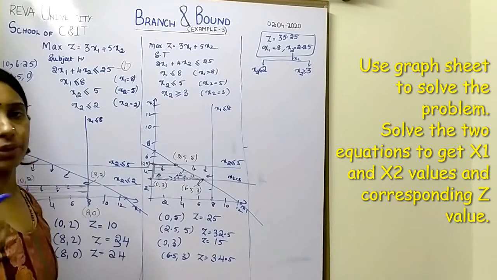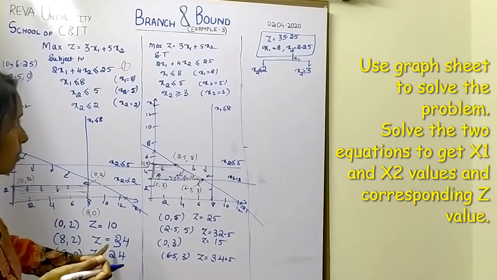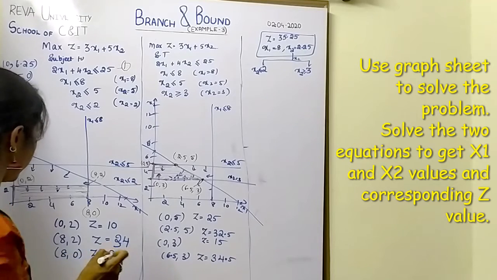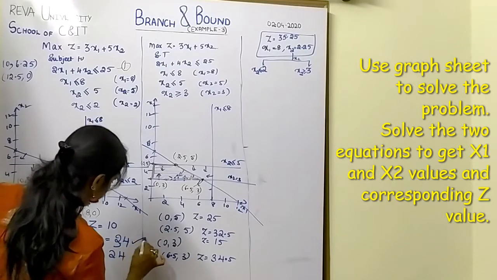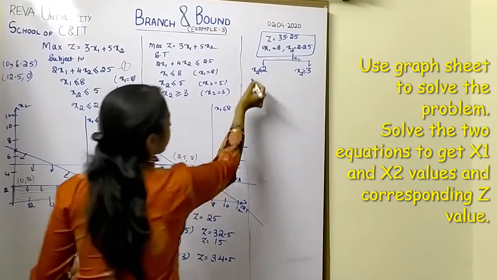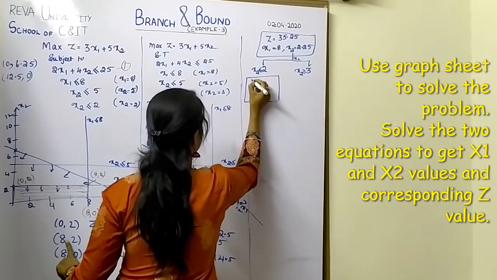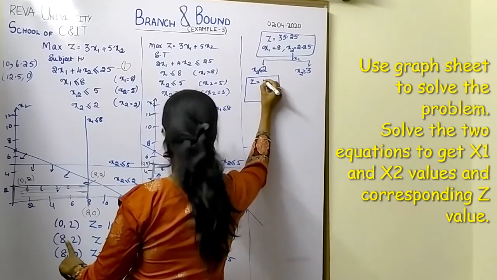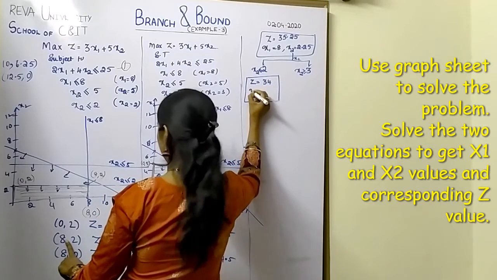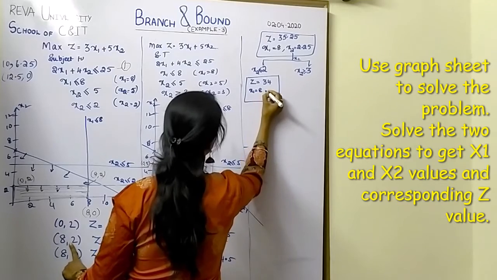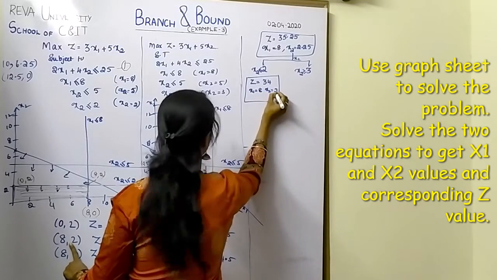Now, which one to consider? Which gives us the maximum optimal solution? In this case, if I consider this, our value will be z is equal to 34 with x1 equal to 8, x2 equal to 2.